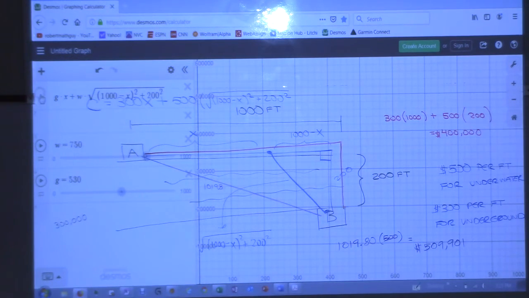Here it comes. Where is it? What happened? What were my costs? Underwater was what, 500? And under the ground was 300.